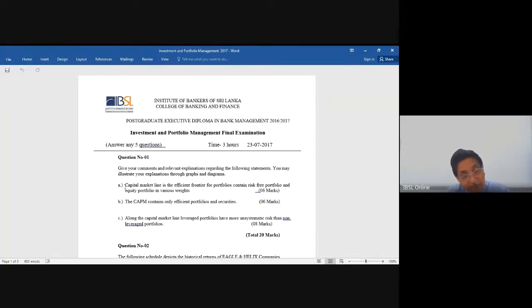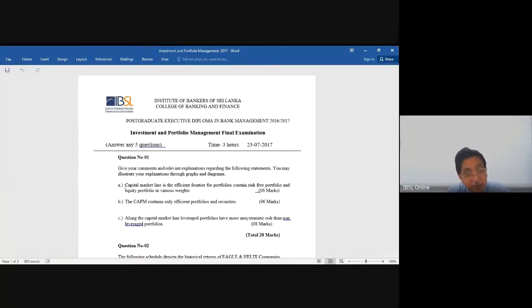Now in the diagram, you need to have a graph on the paper and draw the horizontal line, and the horizontal line depicts the risk. The vertical line depicts the return.